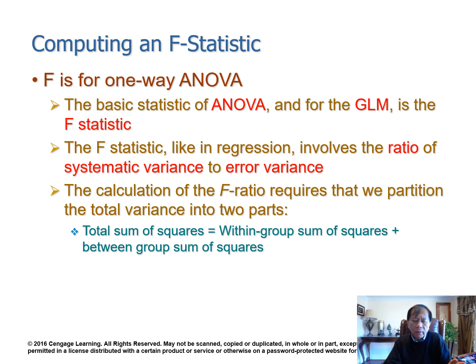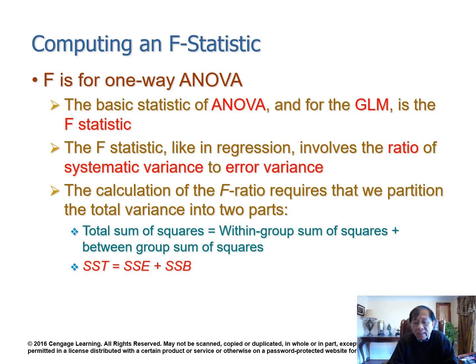We measure the variance using the sum of squares. The total sum of squares is split into two parts, the within group sum of squares and the between group sum of squares. SST equals SSE plus SSB.